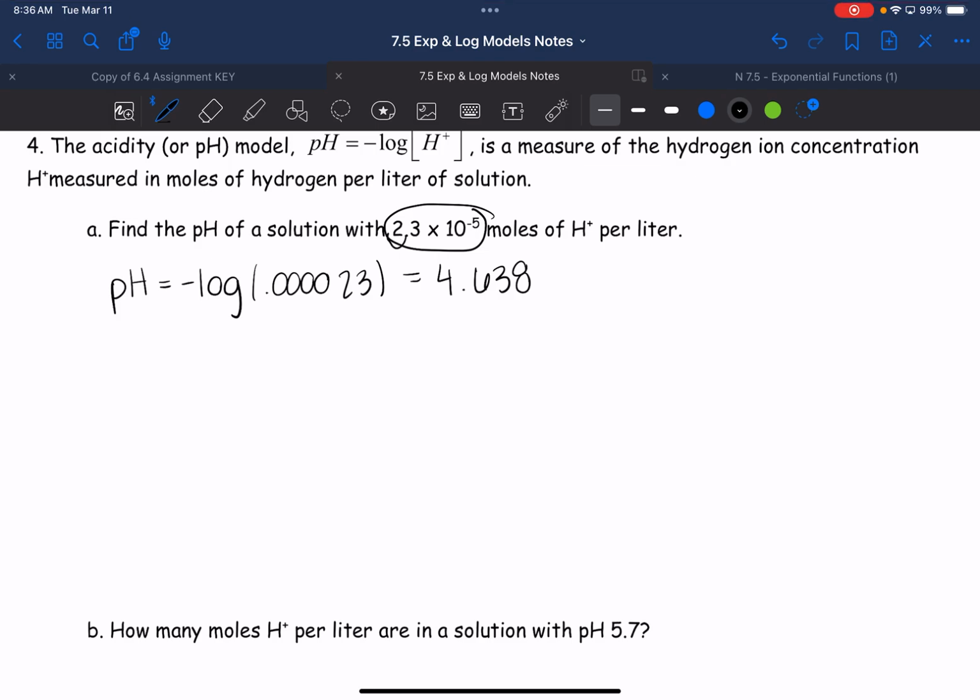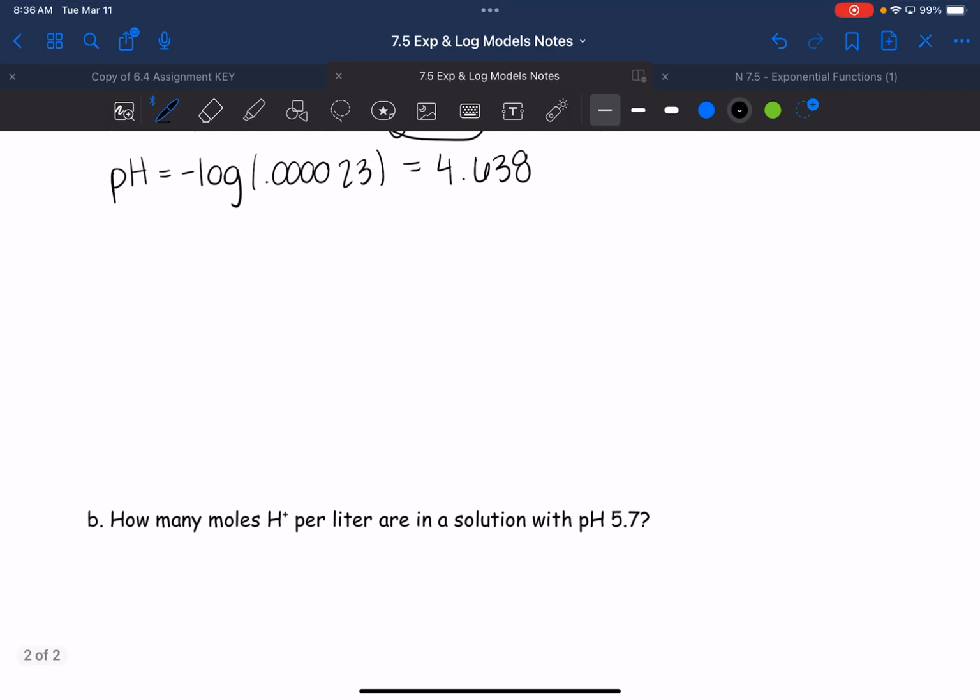All right. Then part B says same formula, but this time we know that the pH is 5.7. So this time I have something for this side of the equation. I got 5.7 equals negative log, and then we'll have our brackets with our hydrogen in it.